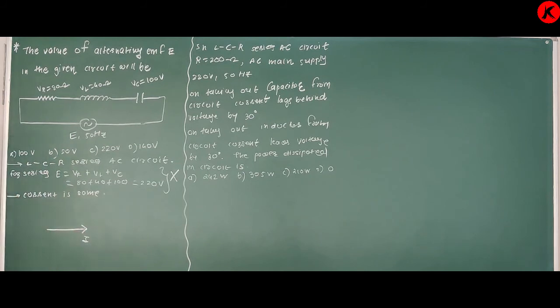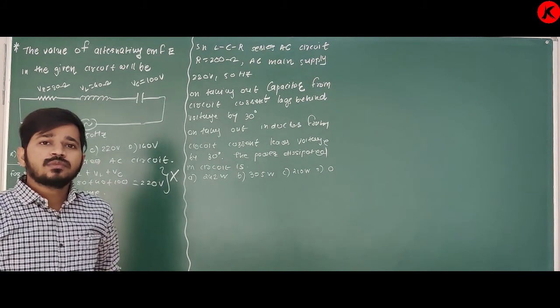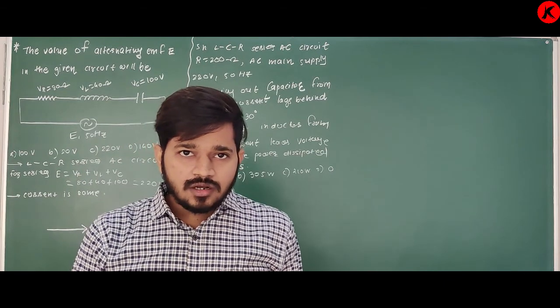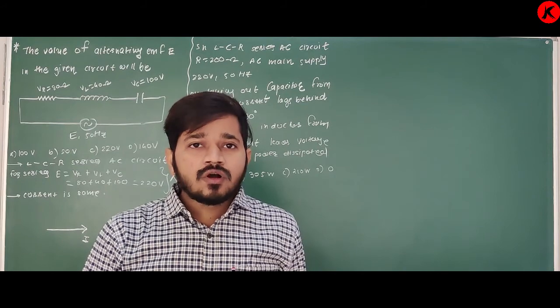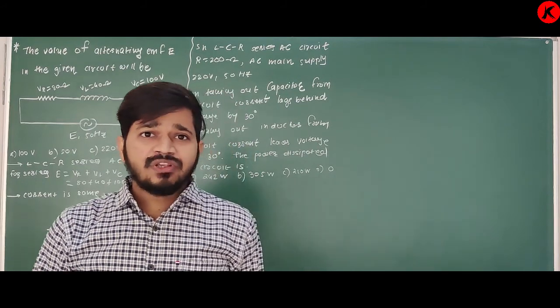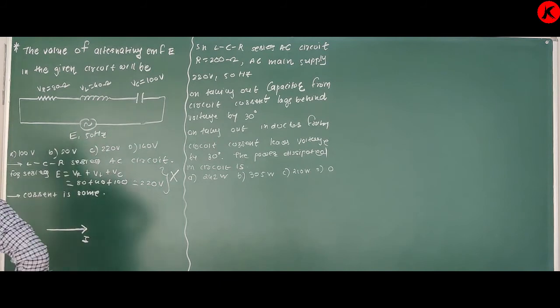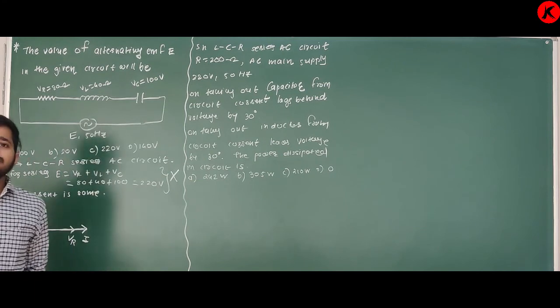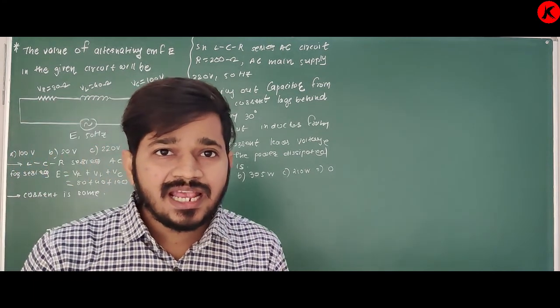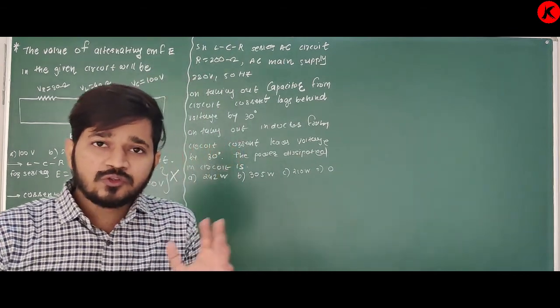Now for a resistor, the phasors of voltage and current are in the same direction, and the phase difference between them is 0. So the phasor of VR is in this direction, because V and I are in the same phase.